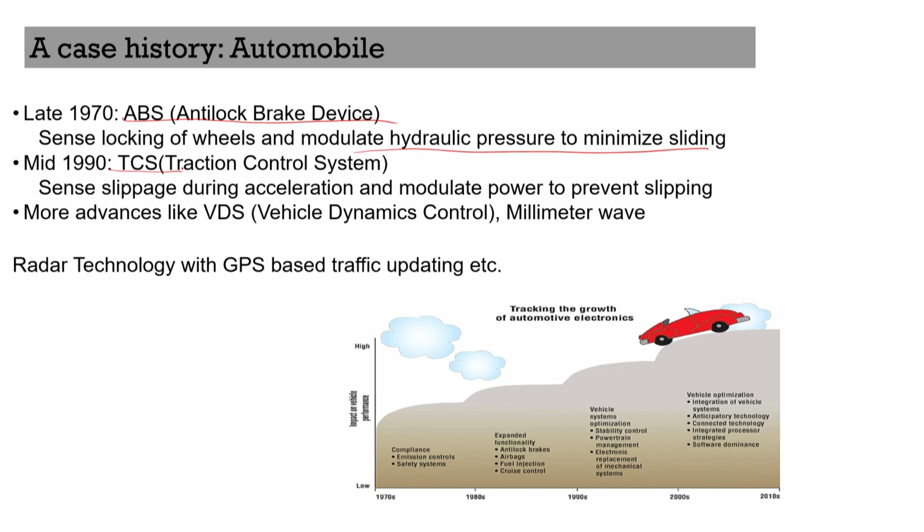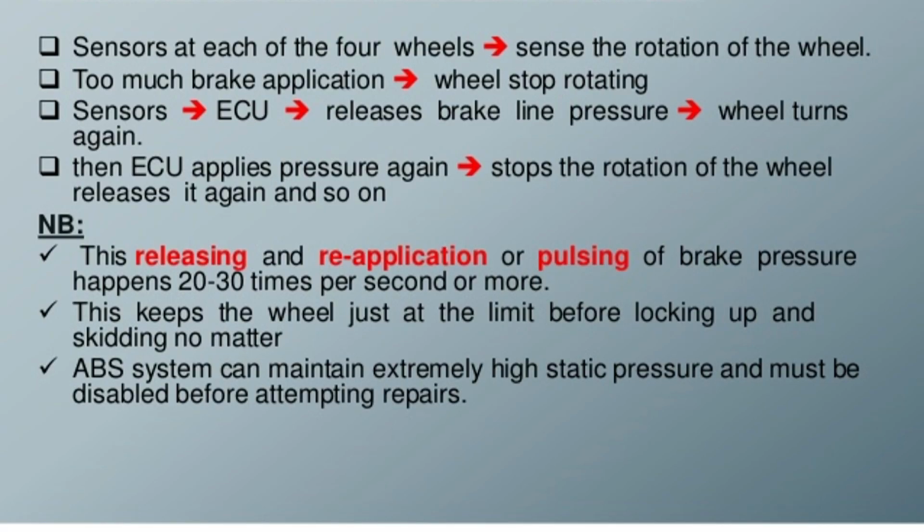It senses the slippage during acceleration and then modulates the power automatically to prevent the slipping of the vehicle. Today, we have much more advanced systems established in automobiles like VDC, vehicle dynamics control, then millimeter wave radar technology with GPS based traffic updating. All these things are making an automobile a much more complex system.